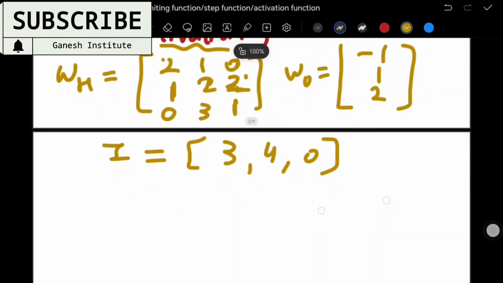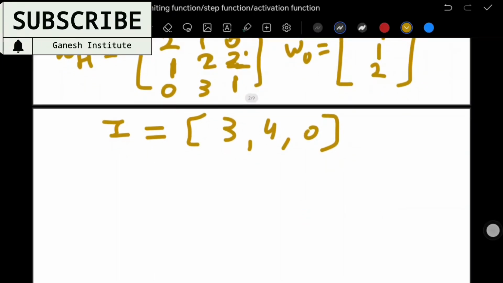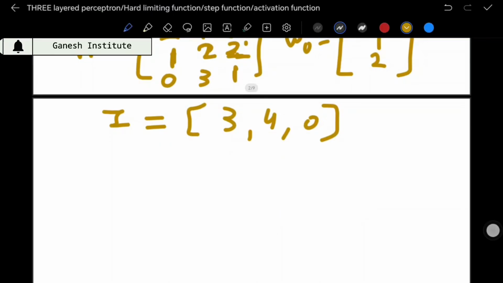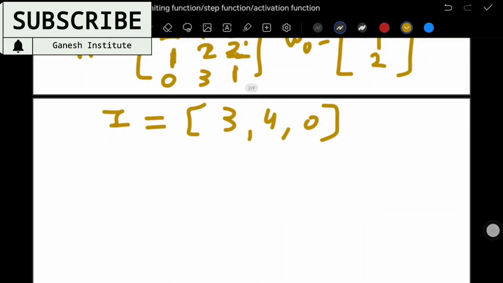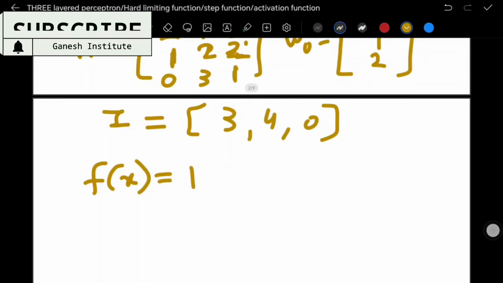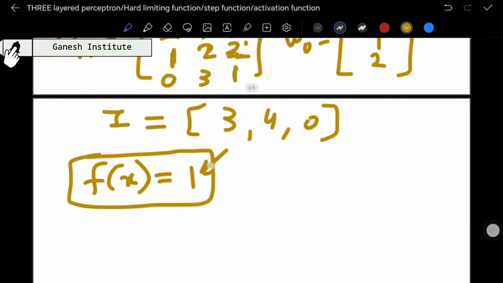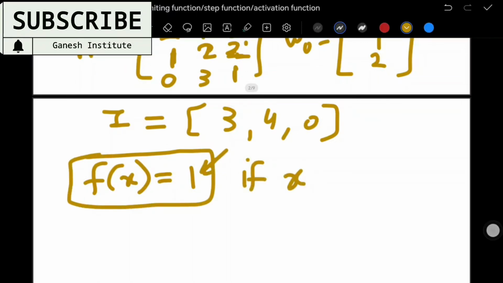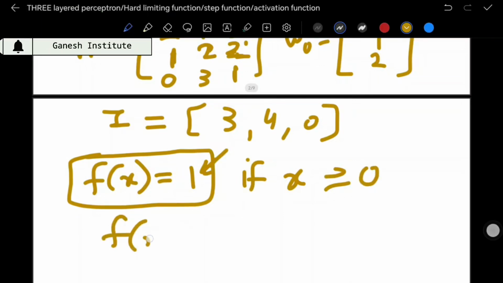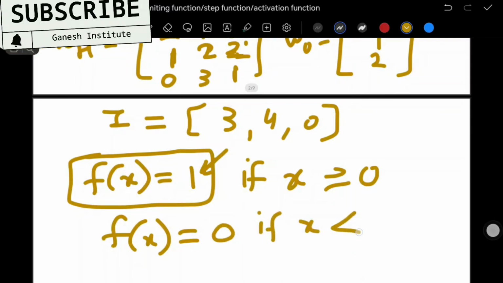In order to find the output, we first need to use the activation function. The activation function, or hard limiting function, or step function, is like this: the function will always give output 1 if the input value is greater than or equal to 0, and it will always be equal to 0 if the value is less than 0.